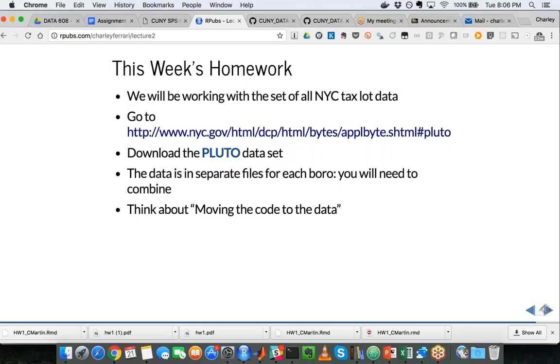Trial and error doesn't work when you're dealing with a large data set and it takes even a minute to run, that's a minute per trial, and very quickly you begin trying to find another way to deal with that. That's really what I'm talking about here with moving the code to the data, where you break apart what you're doing and work with it that way. These are the sorts of things to think about when working on this homework assignment.